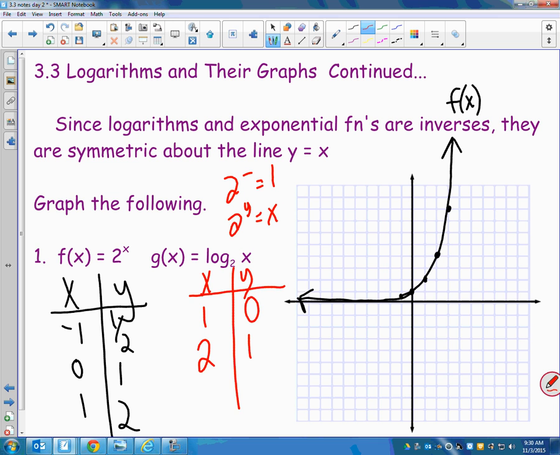That's going to give me 0. So instead of having a y-intercept of 1, I get an x-intercept of 1. And then my other go-to one is 1 over the base, or in this case, 1/2. What exponent would give me 1/2? -1. And if you notice, I just switched every point over there.